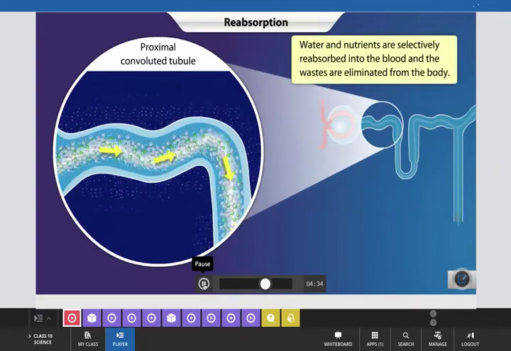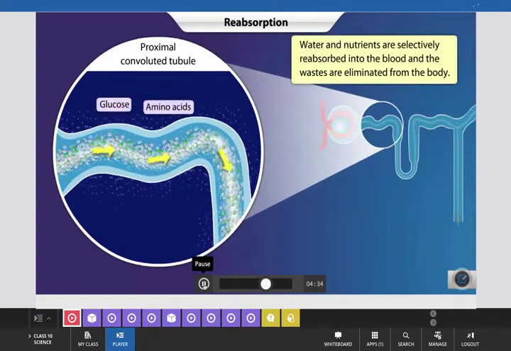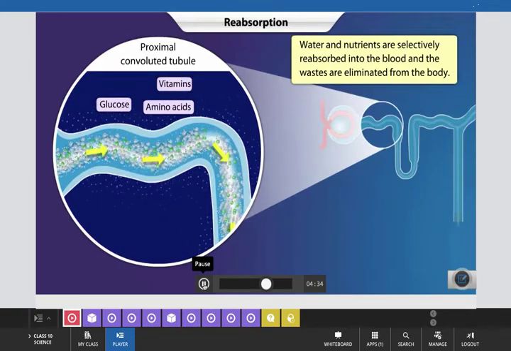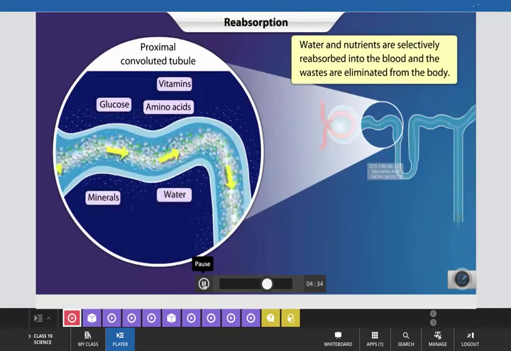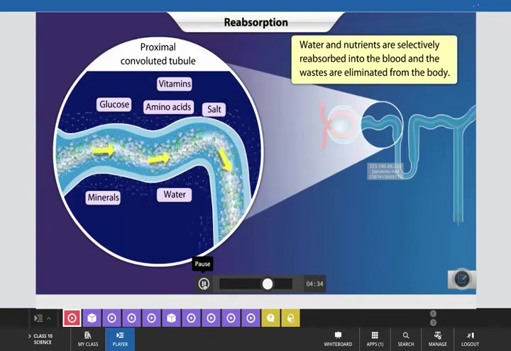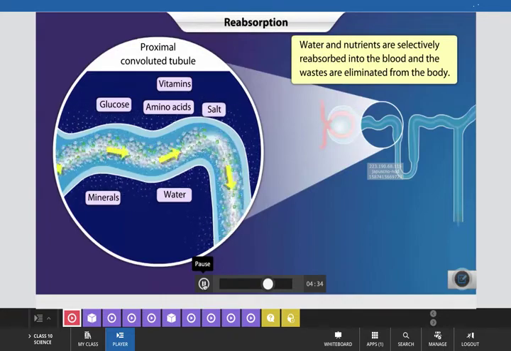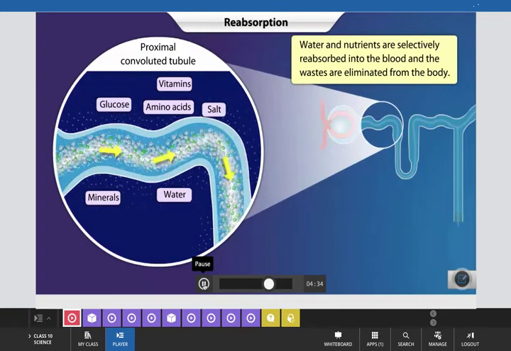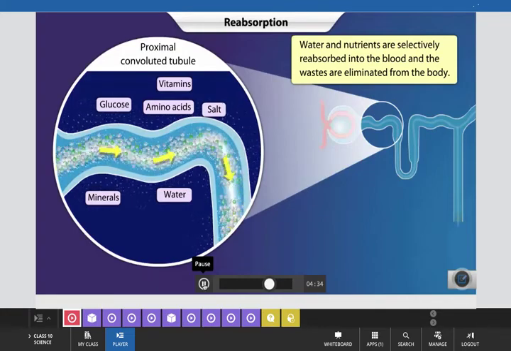As the filtrate moves along the tubule, glucose, amino acids, vitamins, minerals, most of the water, and some of the salts are reabsorbed into the blood in the proximal or first convoluted tubule.